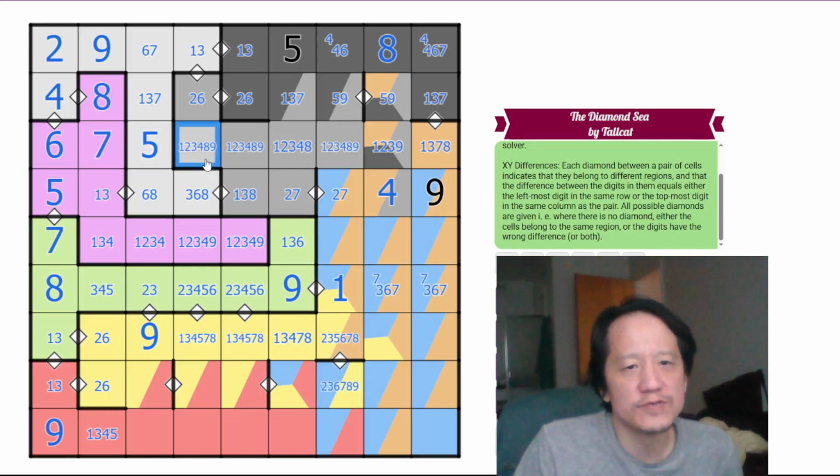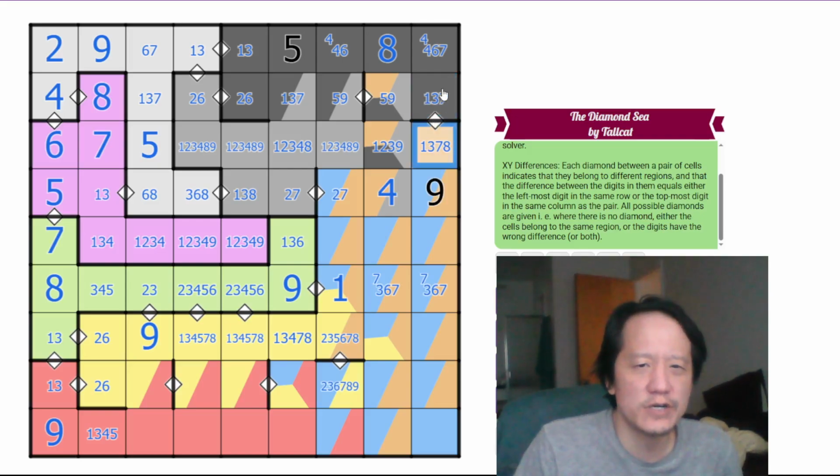Can't have a difference of 6, but we don't know what that is. Again, 7 could be next to 3, 7 could be next to 1, 3 could be next to 7, 1 could be next to 7 or 8.